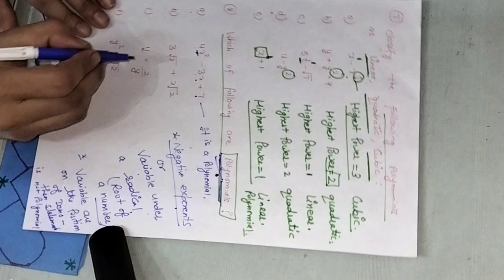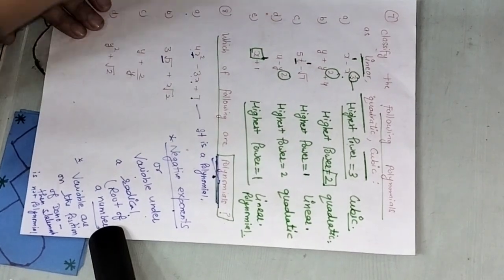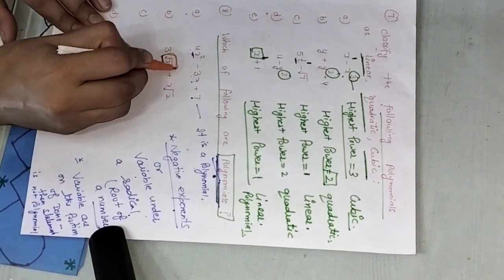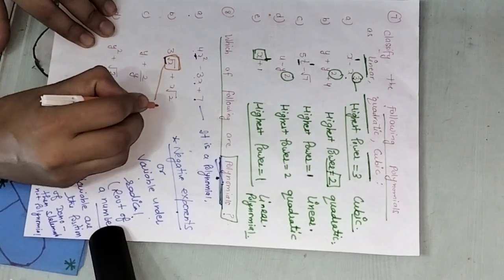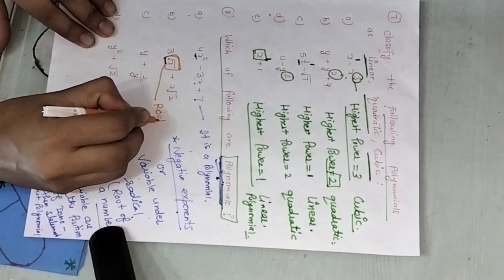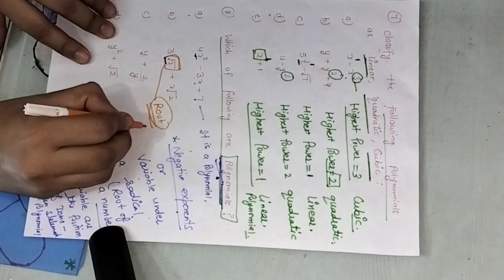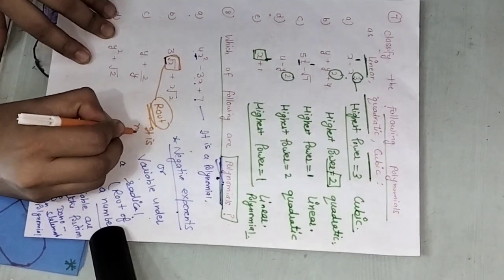Part B, here we can see there is a root on variable x. It is not a polynomial.